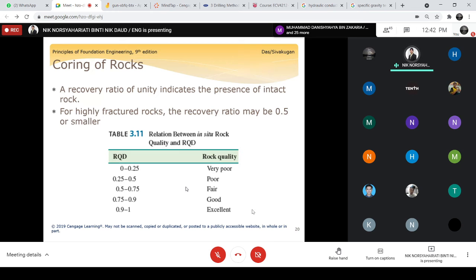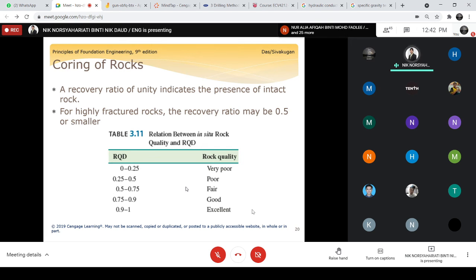So when you design your deep foundation or pile, you can estimate that down to 10 meters the pile can reach very good quality rock, so you don't have to worry about fracture or failure of the foundation of the structure.